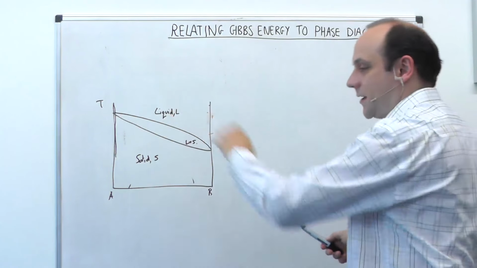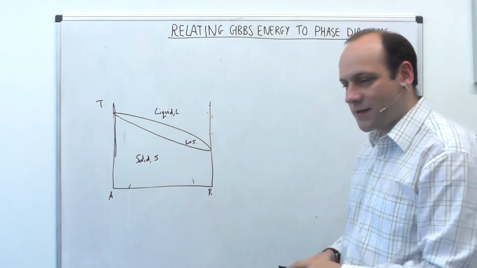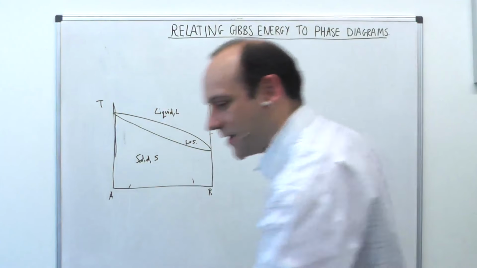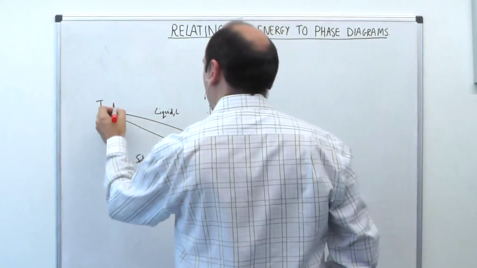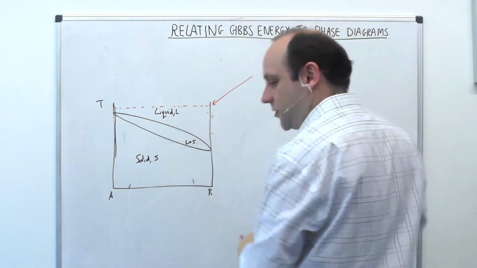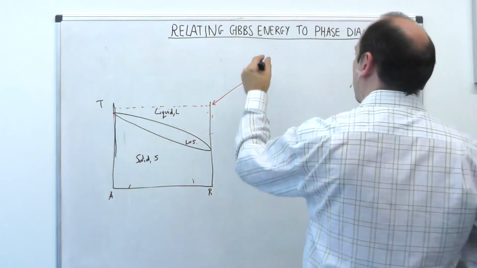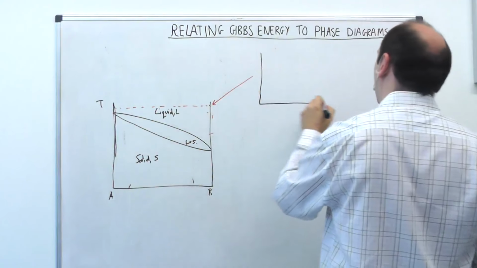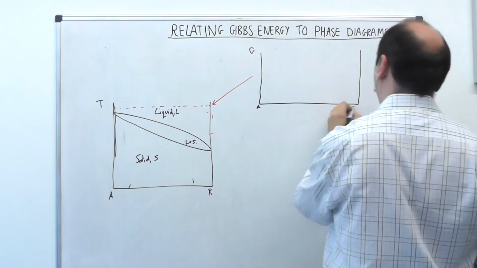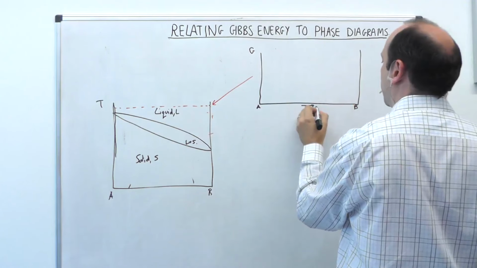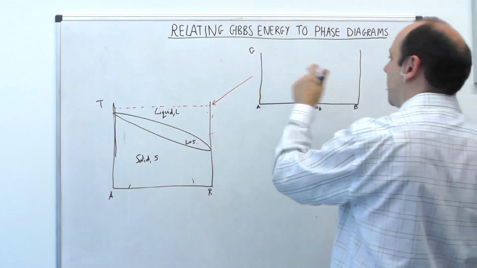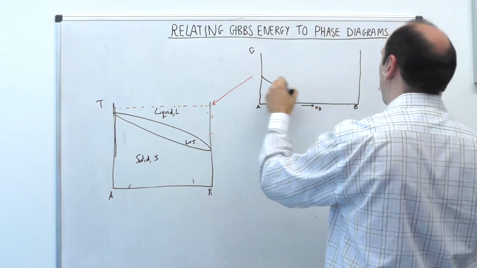At high temperatures, the liquid phase has the lowest energy across all compositions. So its Gibbs energy curve, at this temperature, must look a bit like this. This is our Gibbs energy, going from A to B with our fraction of B. The Gibbs energy curve for the liquid is the lowest one across all possible compositions.